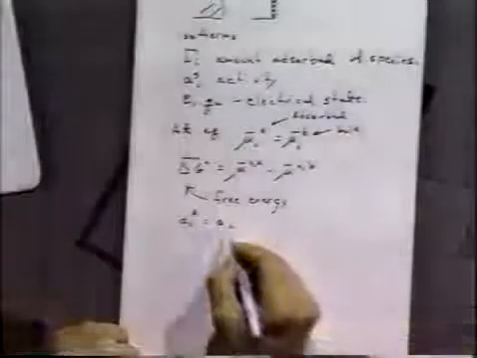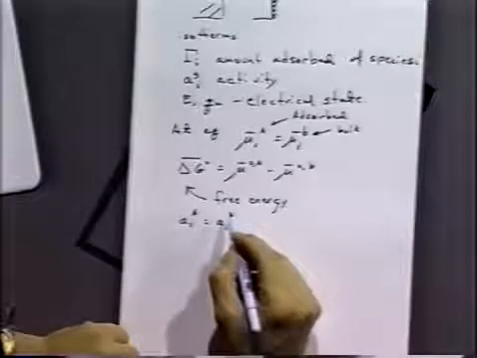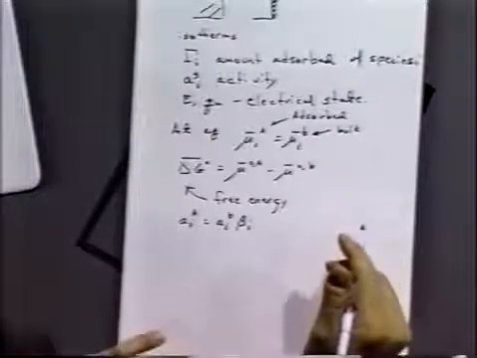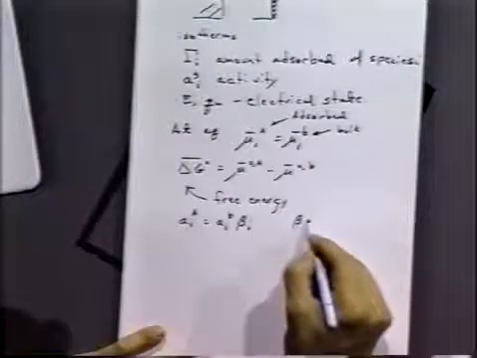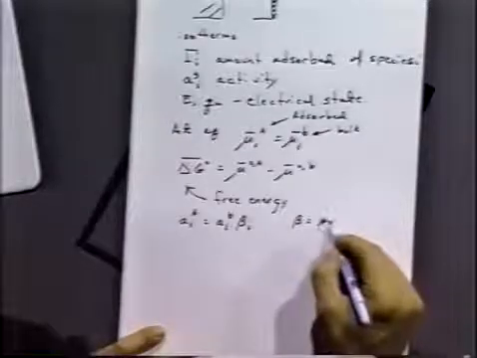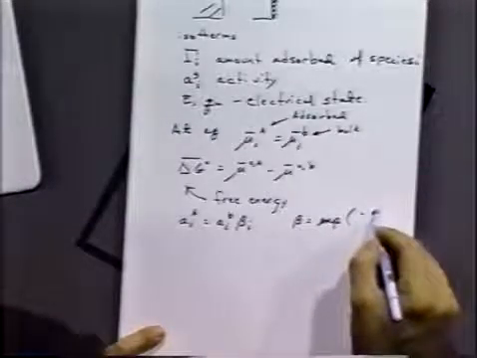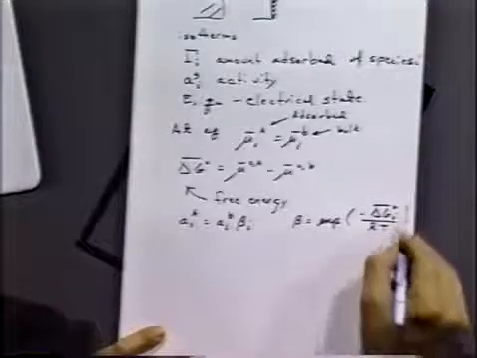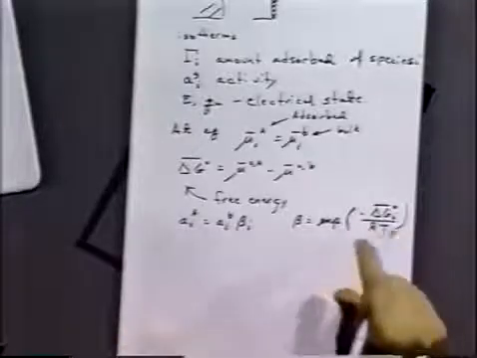So we can suggest that the activity of these ions or molecules in the adsorbed state is equal to the activity of these ions or molecules in the bulk times a term we'll call beta, where beta is a potential term. That would be the exponential function of the free energy, which would be basically an exponential function of potential as well, if you remember the relationship between free energy and potential.